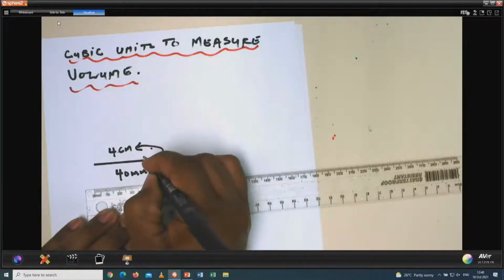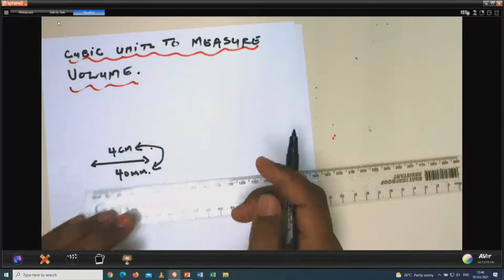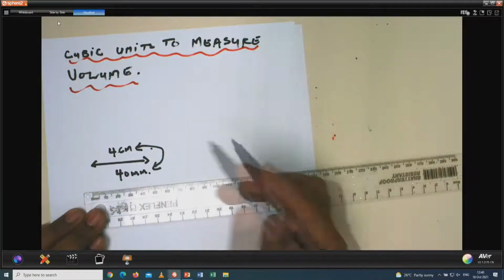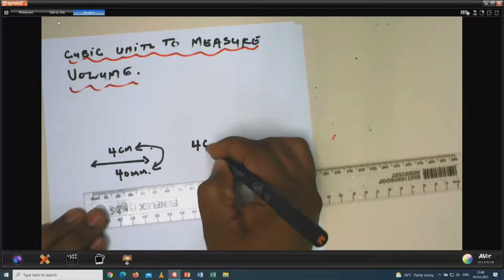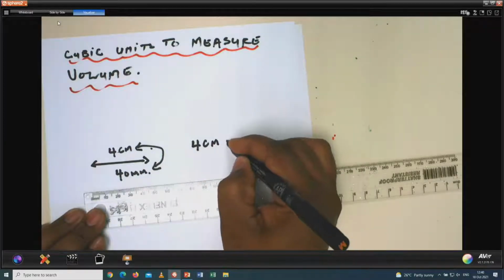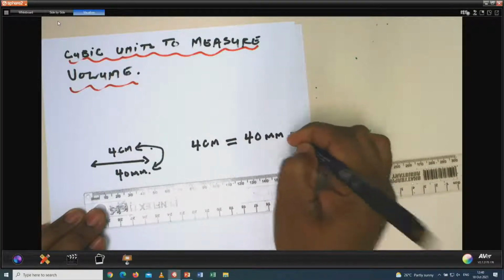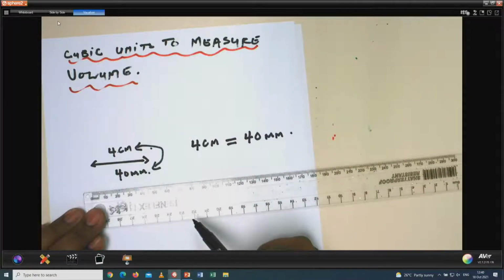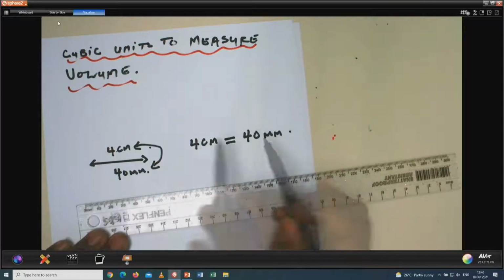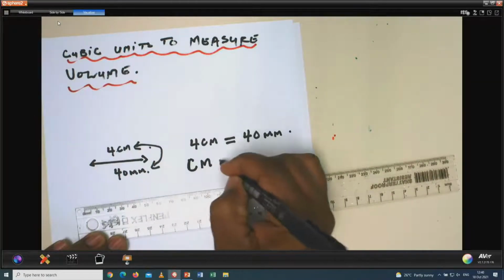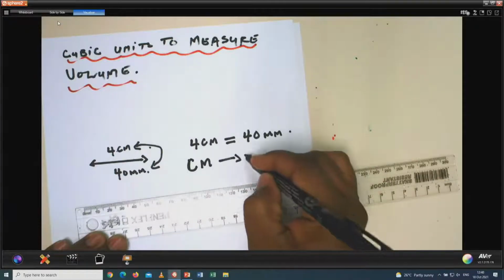Remember, this is a straight line that we had to measure, not a division line. Straight from the ruler, 4 centimeters is 40 millimeters. Let us check the relationship, for us to move from centimeters to millimeters.